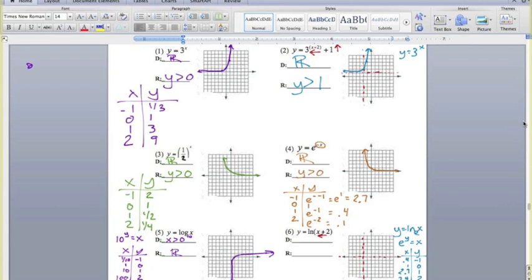So when I plot those, I'm going to go over a little bit less than a half and down 1. Over 1 and up 0. Over almost 3 and up 1. Over about 7.5 and up 2.